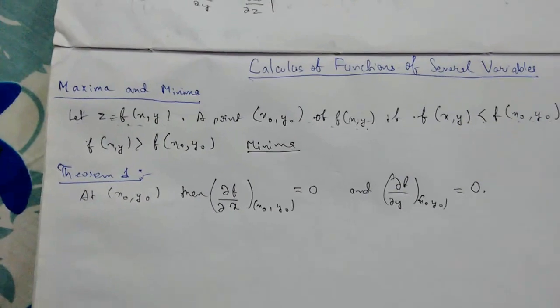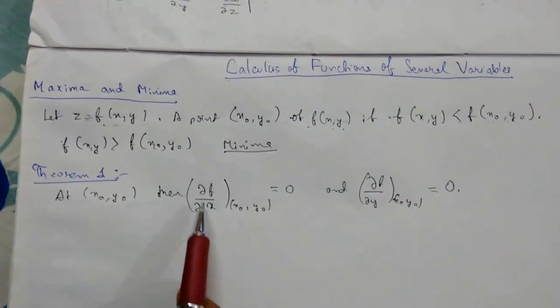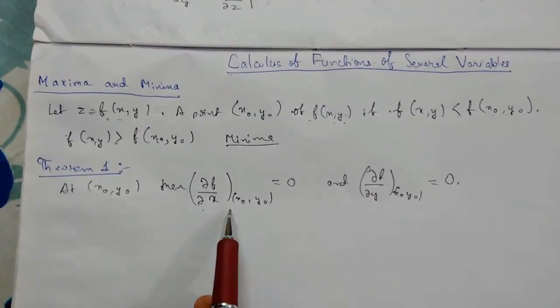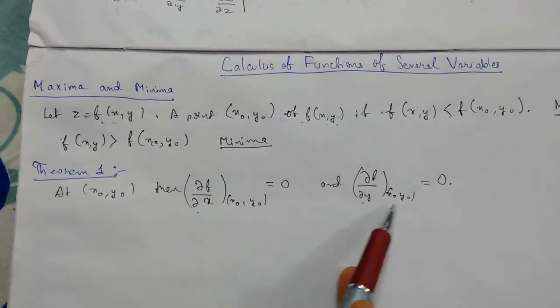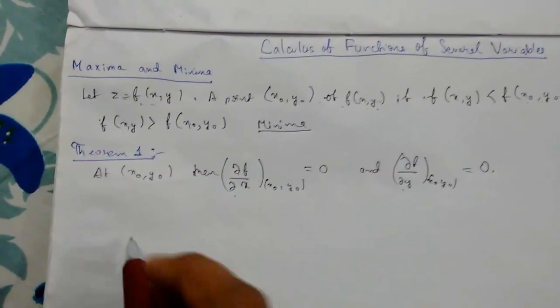So for maxima or minima, del f upon del x and del f upon del y at (x0, y0) will be 0.